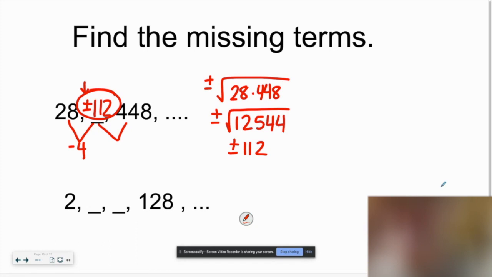Looking at the next one, we don't just have 1, so we can't do the geometric mean there. But we do notice that we're multiplying by 3 common ratios. I'm writing number 2 and meaning to say 3. I take 128 divided by 2, and then I take the cube root of 64.